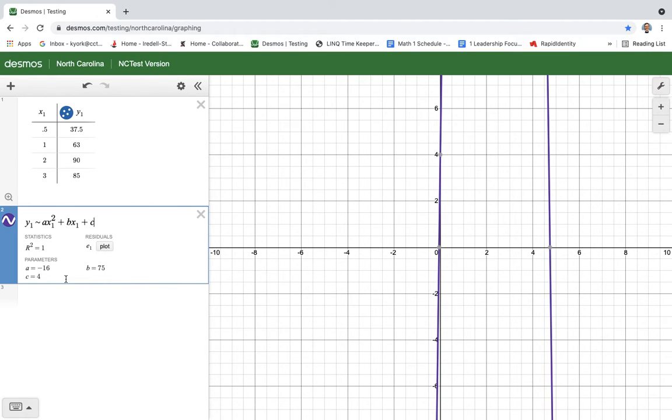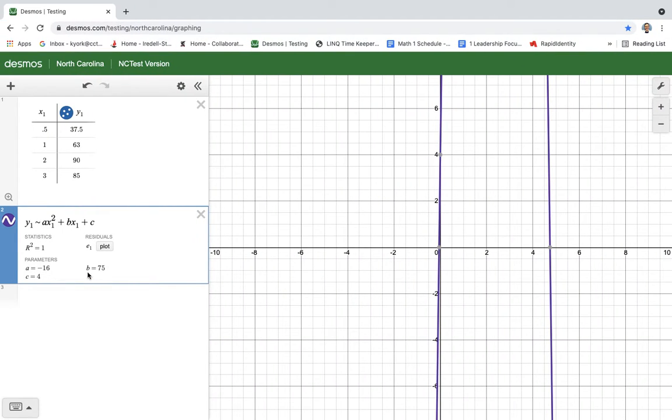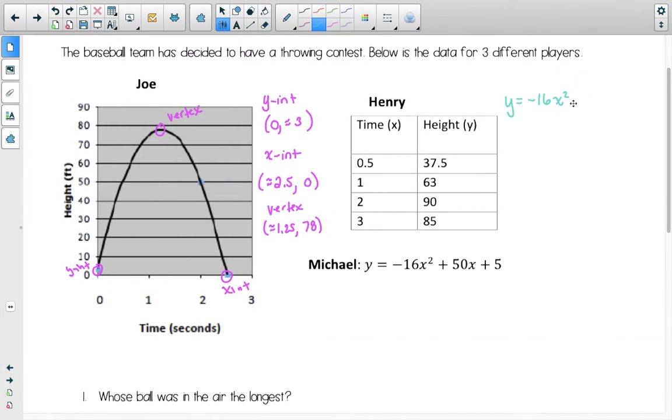That means that we can actually write his equation out. Henry's equation is y equals -16x squared plus 75x plus 4.